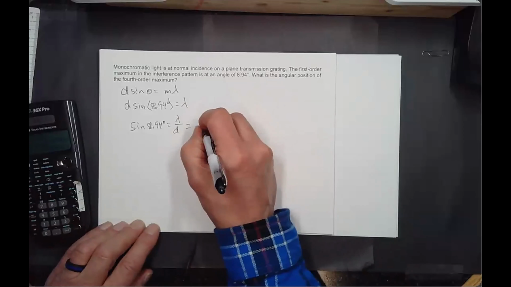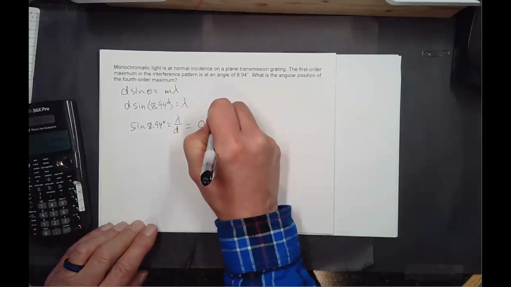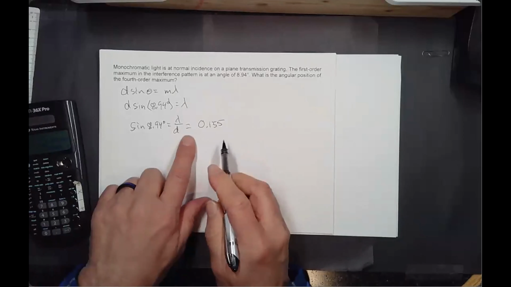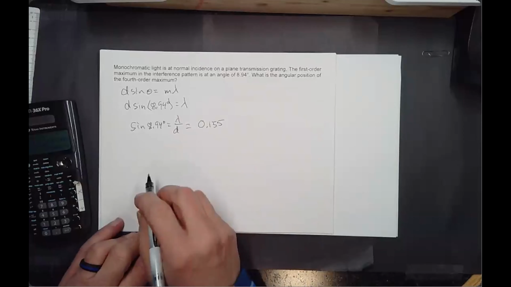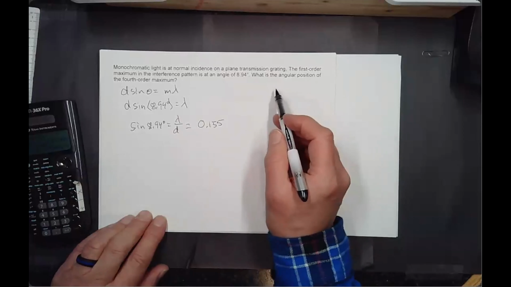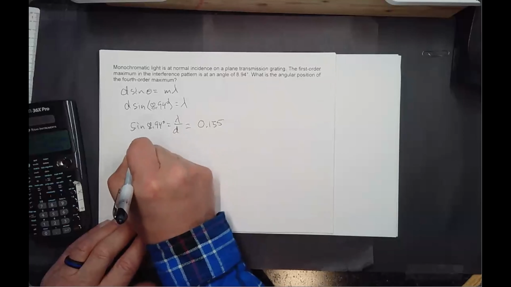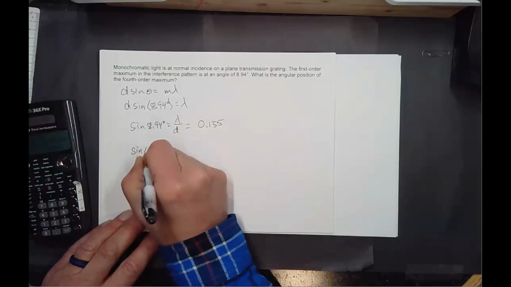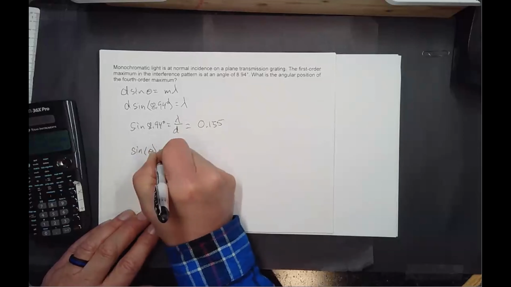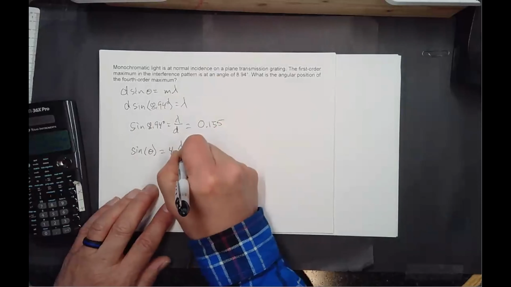Anyway, sine of 8.94 is 0.155. We can keep 3 sig figs on there, so that'll be good. So that's lambda over d. Well, what's the angular position of the fourth order maximum? For that, sine of theta is going to be 4 times lambda over d.